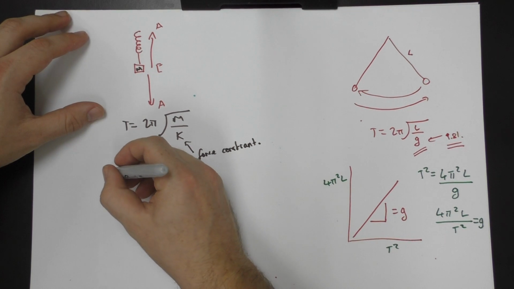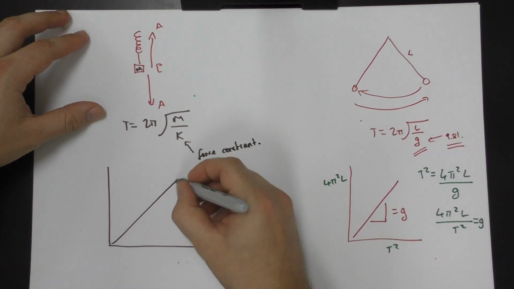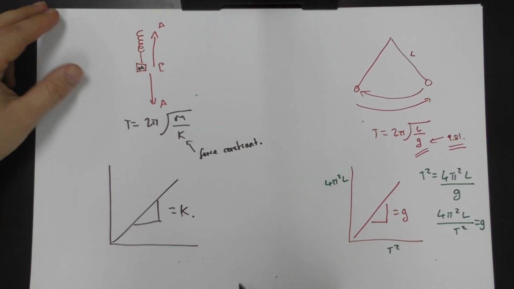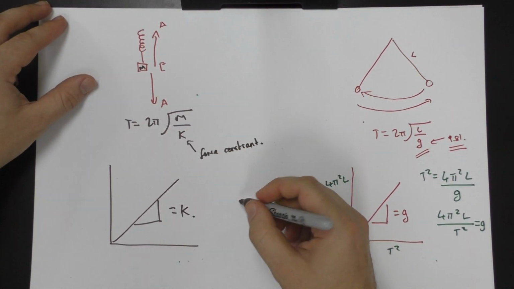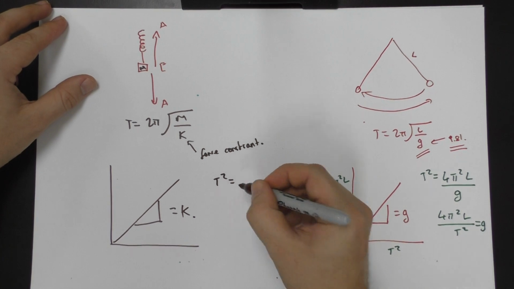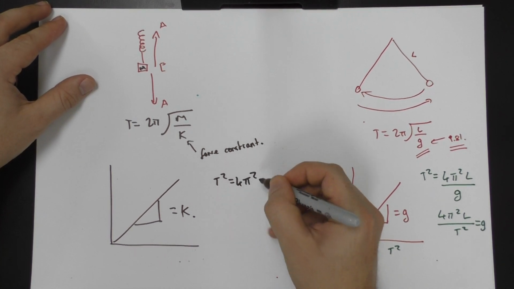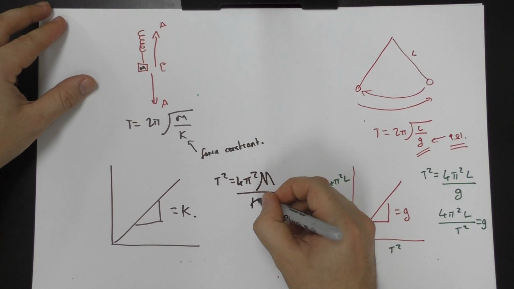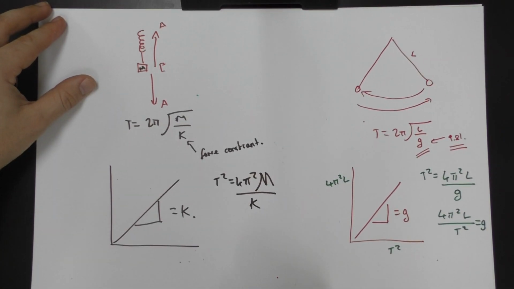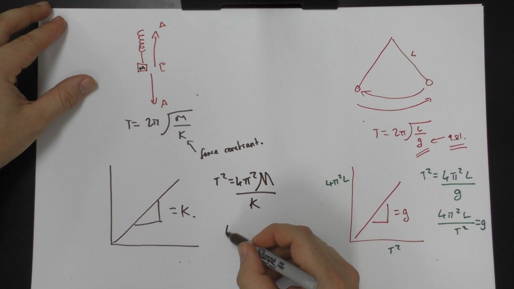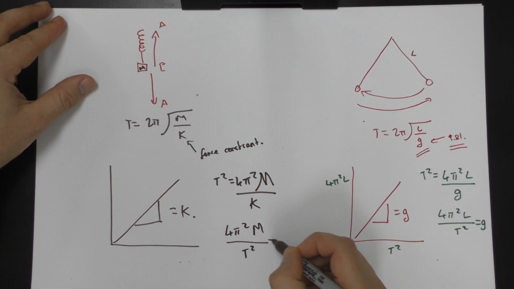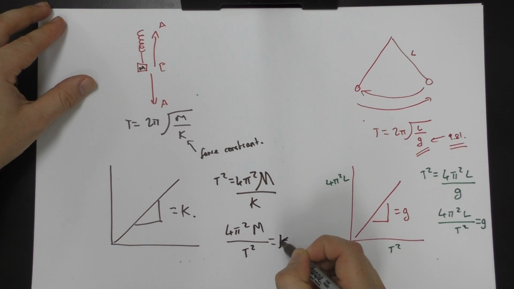Well, we can do exactly the same thing as before. We draw a graph, we want the gradient to be k. We can use the same algebra as before. T² = 4π²m/k. Therefore, 4π²m/T² will equal k.